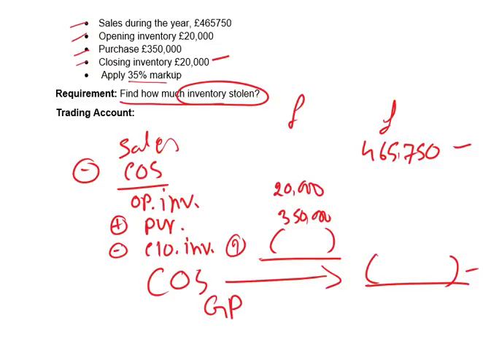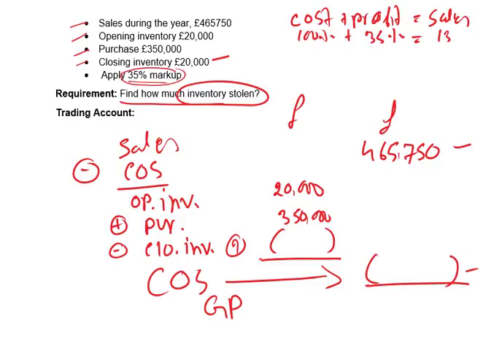Okay, using your markup of 35% information and our conversion, cost plus profit.